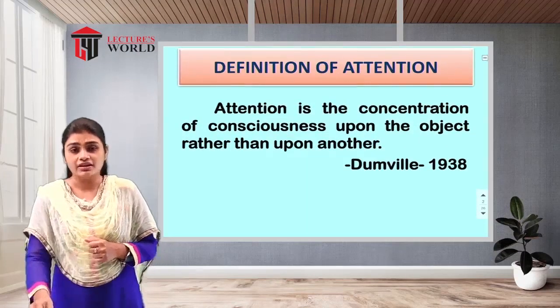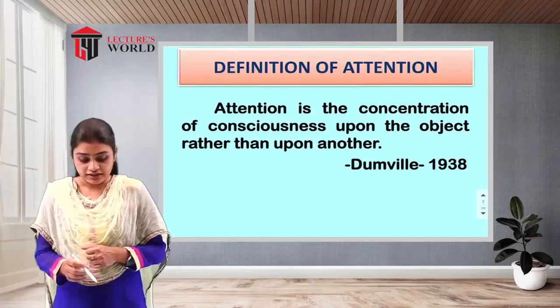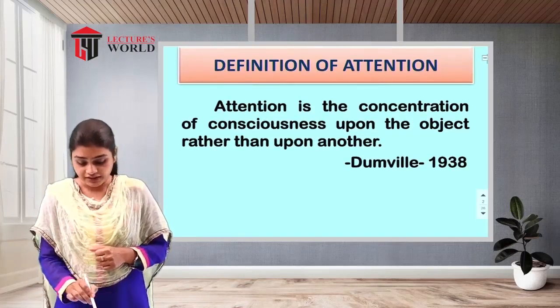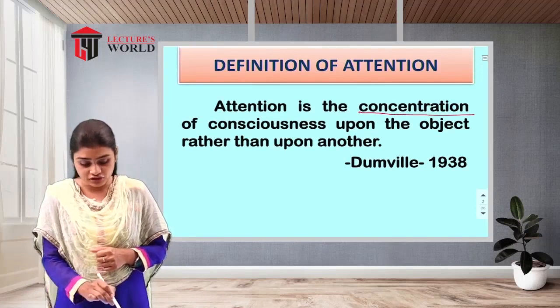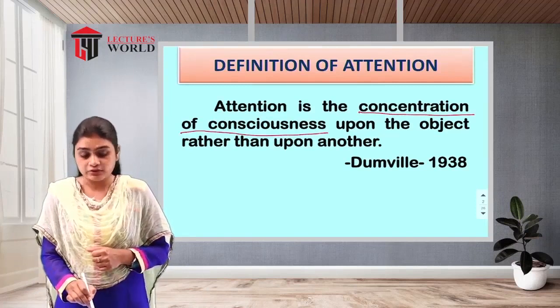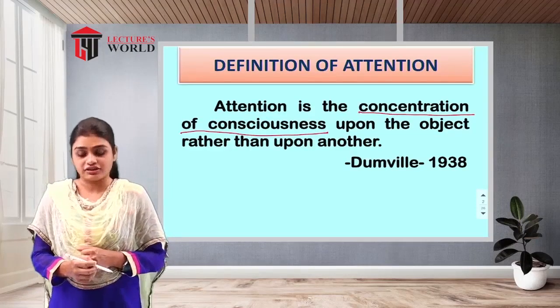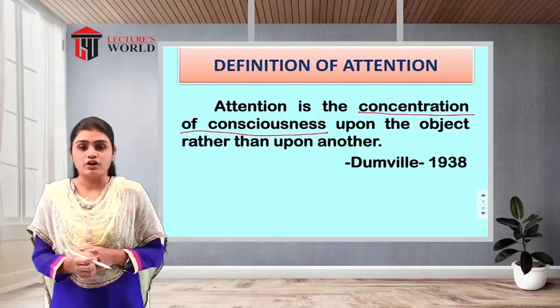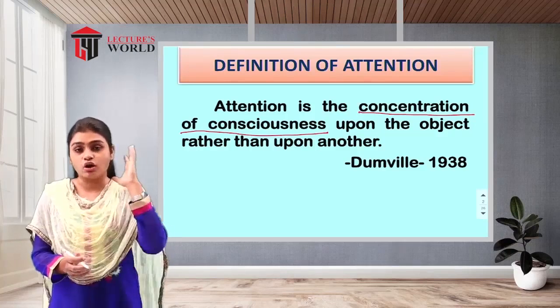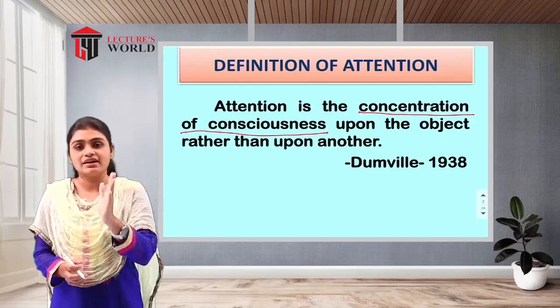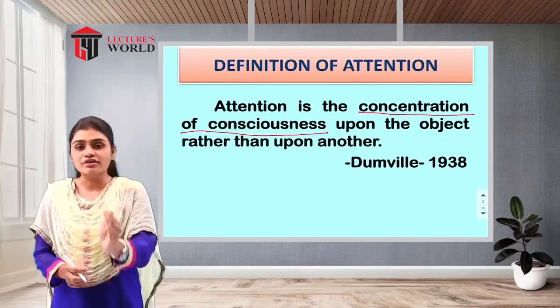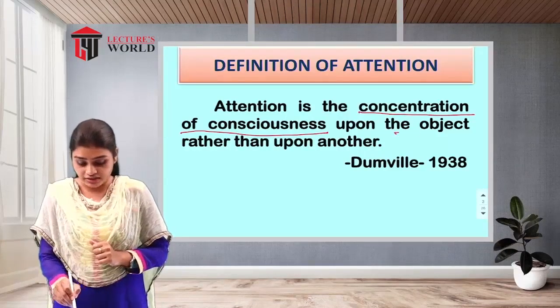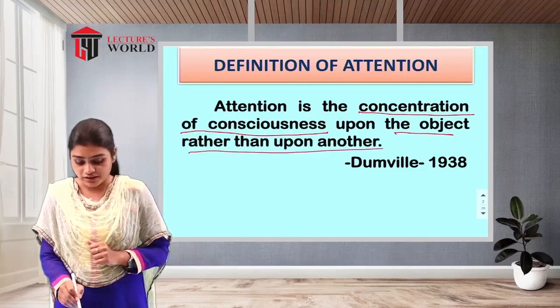Here we have the definition of attention. Let's see this. Attention is the concentration of consciousness. As we have discussed in our introduction, concentration of consciousness means my conscious mind is focusing or concentrating on something, upon one object rather than upon another.